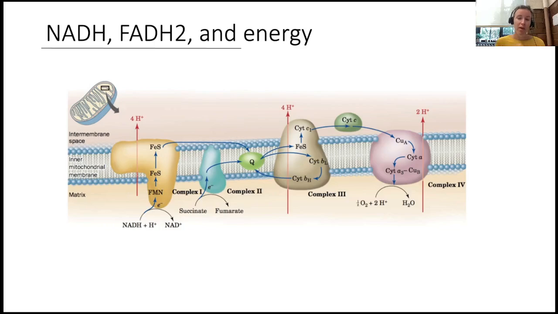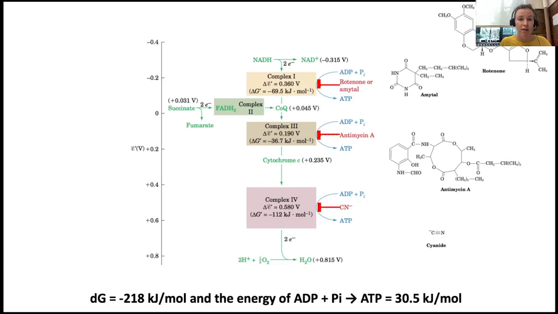We saw that as these electrons were moving from redox center to redox center, there was energy being released. I'll throw us back all the way to one of our first slides today real quick. This slide here. We saw that the movement of electrons through complex 1 releases 70 kilojoules. We saw the movement of electrons through complex 3 releases about 40 kilojoules, right?